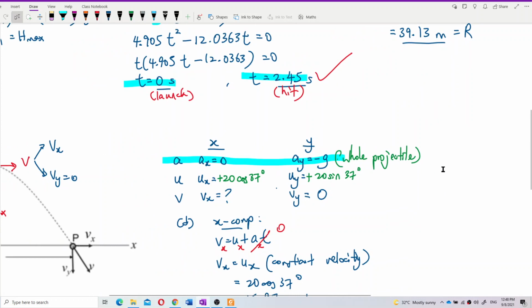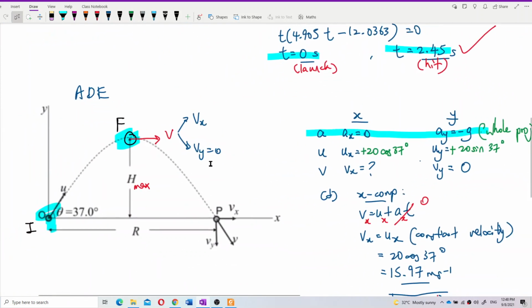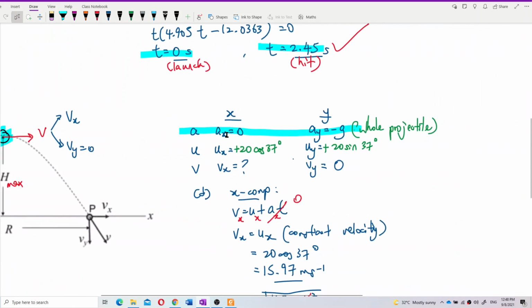For the whole projectile motion, the ax is always 0, and ay is always negative g. I think I already showed you an animation which I made myself regarding the acceleration vector. Maybe I show you again.